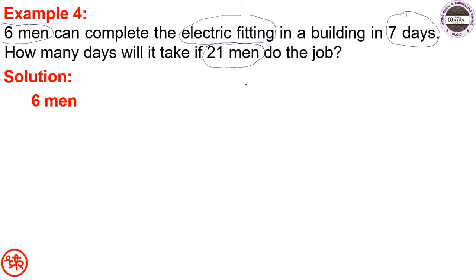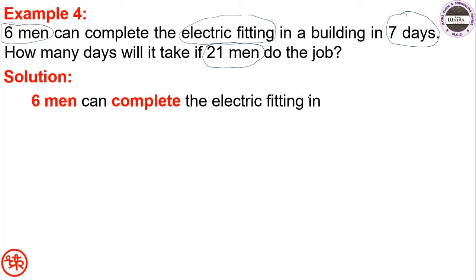Okay, so let us see. 6 men can complete the electric fitting in how many days? 7 days. Is that clear? And therefore, one man can complete the electric fitting that 6 men do in 7 days.